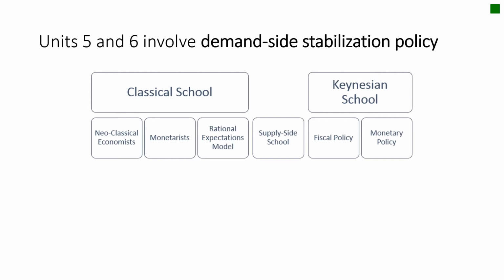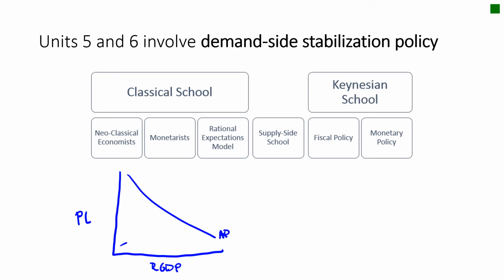So Unit 5 and 6 focus on demand side stabilization, meaning that when looking at the macroeconomy, we have our aggregate demand, we have our short run aggregate supply, we have our long run aggregate supply. Well, at this particular equilibrium point, there's your price level, there's your output, we have a recession, right?